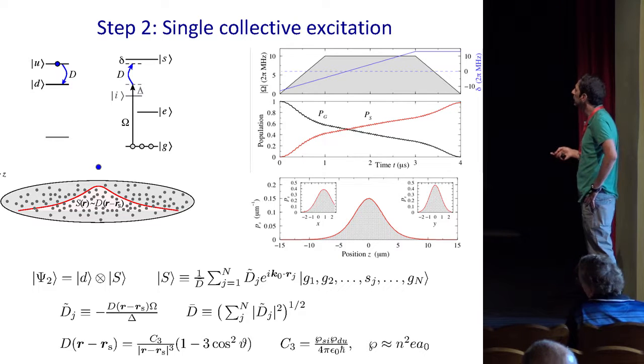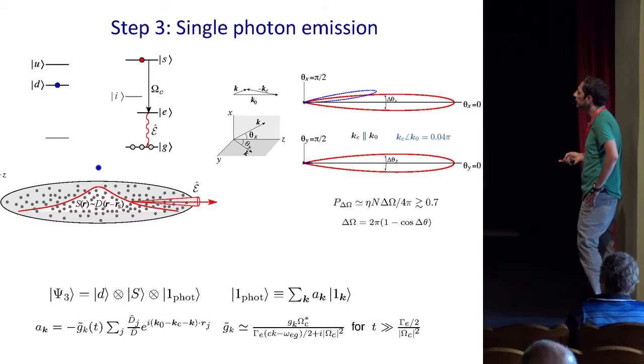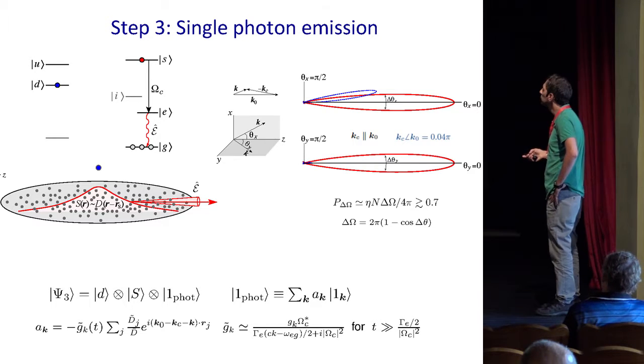And then on the next step, I can apply this retrieval pulse, and this spin wave is converted to the single photon, okay?